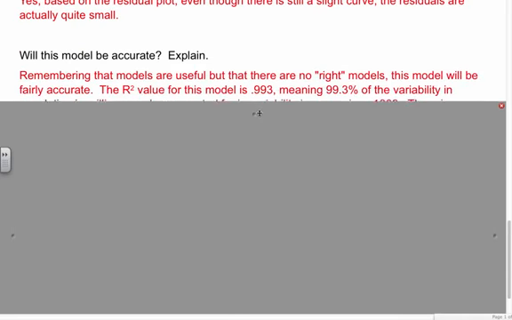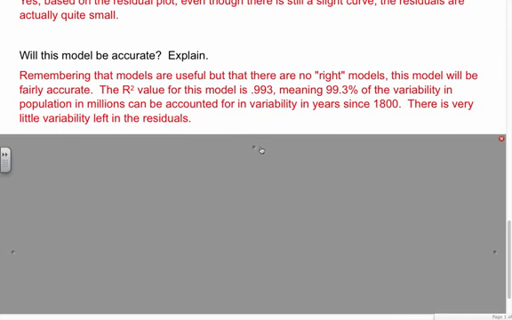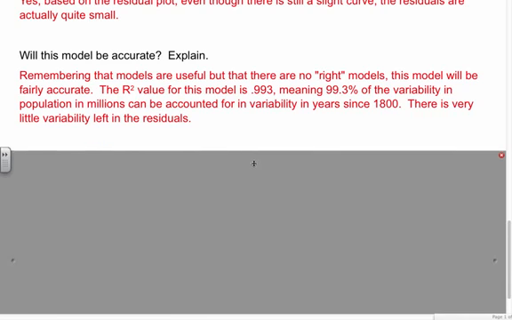Well, remember, we've got to take a look at our r squared. So remembering that these models are useful, but there are no right ones, this model would be fairly accurate. R squared for this model is 0.993, so 99.3% of the variability in population in millions can be accounted for in the variability in years since 1800. That leaves very little variability in the residuals.